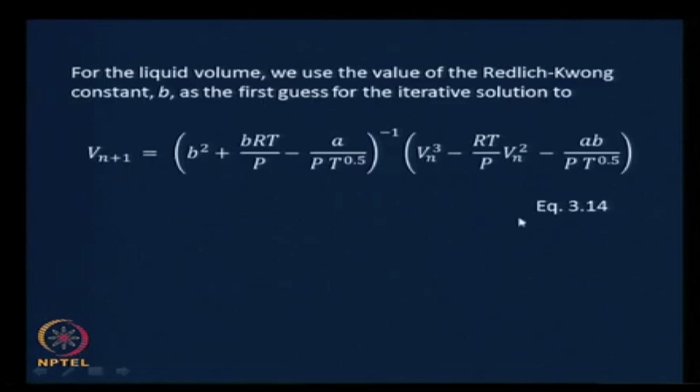We saw this earlier in equation 3.14, you can go back and check how we got this. To be able to do this, we have all the values: we have B, we have RT, A, and as long as we keep substituting the appropriate guessed values we will get the calculated value.